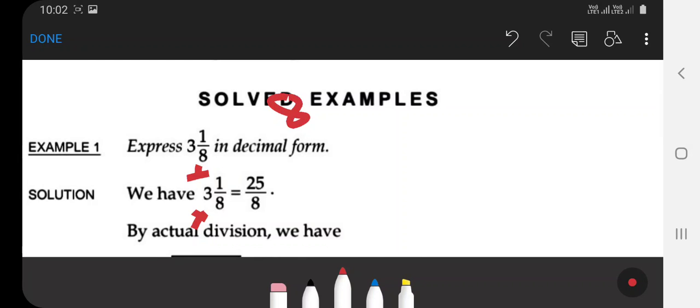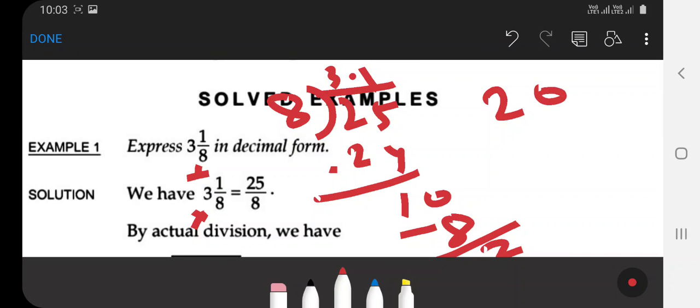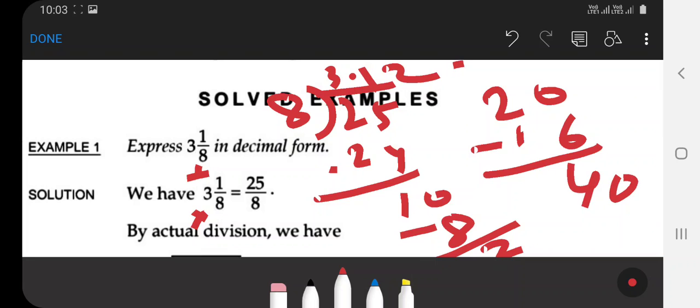Now you divide 25 by 8. 8 threes are 24, remainder 1, decimal, 10, 8 ones are 8, remainder 2, again 0, 8 twos are 16, 40, 8 fives are 40.